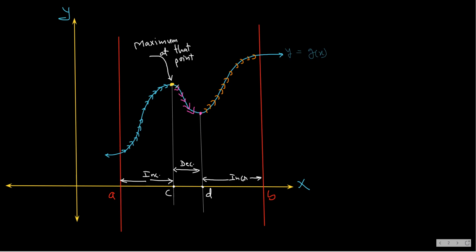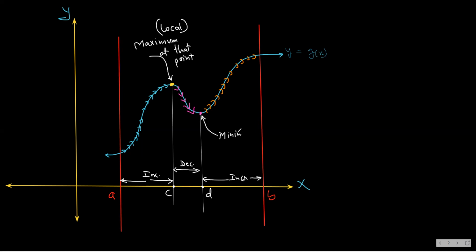And remember, students, this maximum is not an absolute maximum. It is a local maximum. And here, this point up to which the function was decreasing, and after that it started increasing, we say that at this point the function has a minimum value.